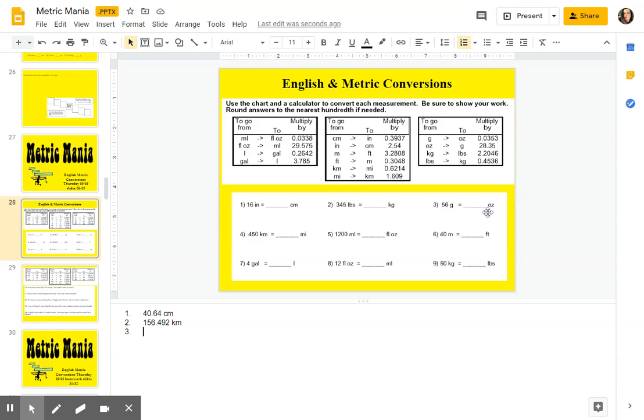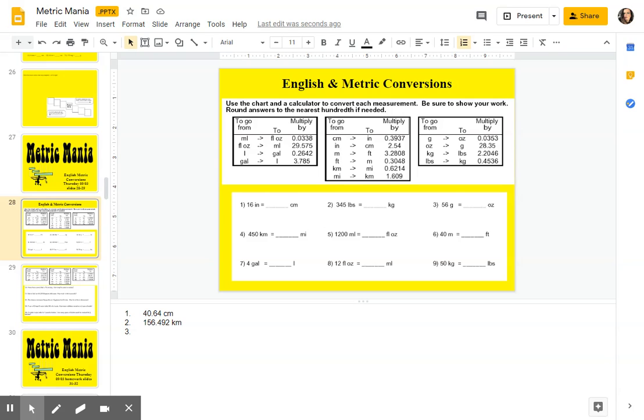So we're going from grams to ounces. You're going to multiply 56 by 0.0353, okay? So you're going to say 56 grams times 0.0353 to get your answer.